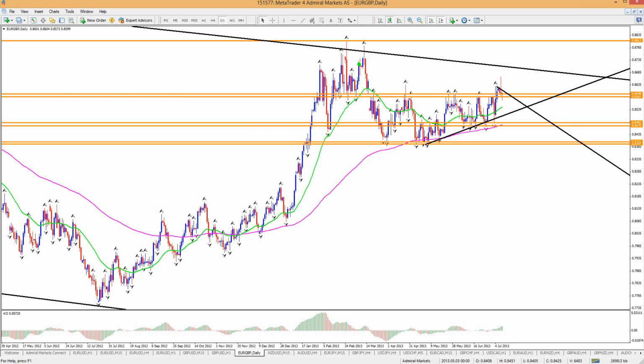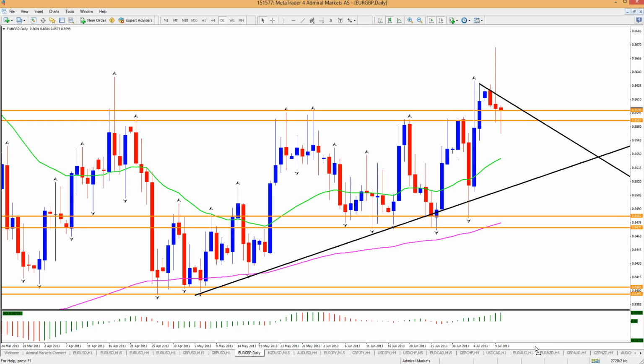In any case, most recently we were, of course, bouncing between these orange lines here, up, down, up, down, and then a huge daily rejection wick right in here.